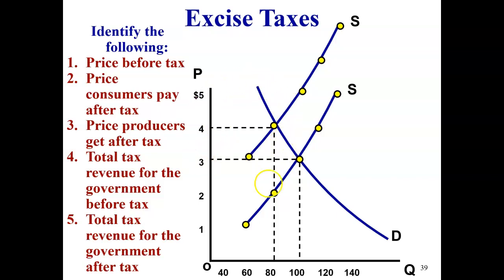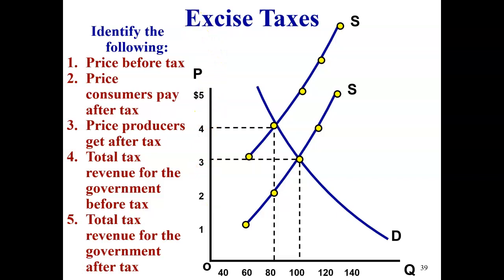So we travel down at this quantity of 80. They're getting $4 from every single purchase. They are giving the tax to the federal government. So effectively, they are getting, in a sense, less than $4. They're getting $2.